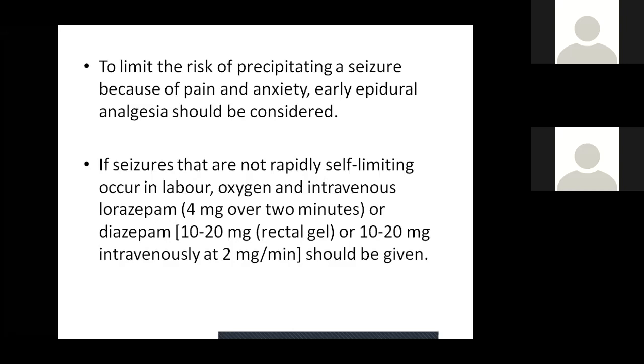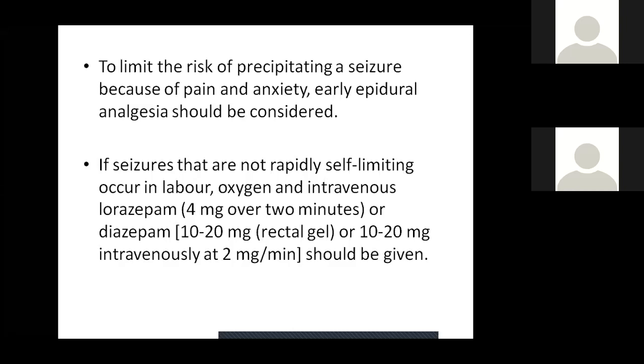To limit the risk of precipitating a seizure because of pain and anxiety, early epidural analgesia should be considered during labor, because pain or anxiety can be a precipitating factor for the seizure, and there is no contraindication for epidural analgesia.